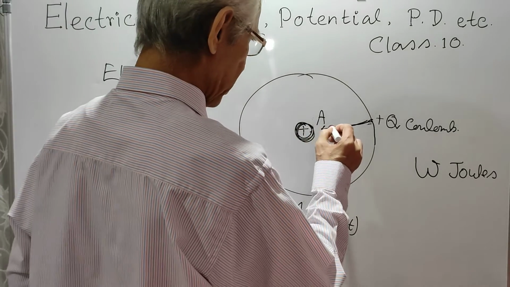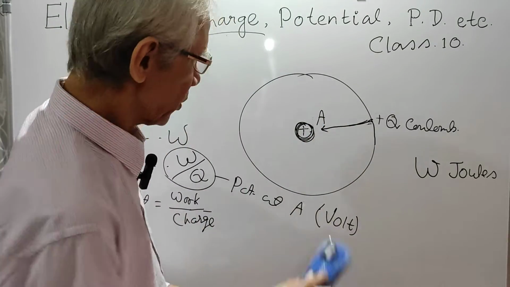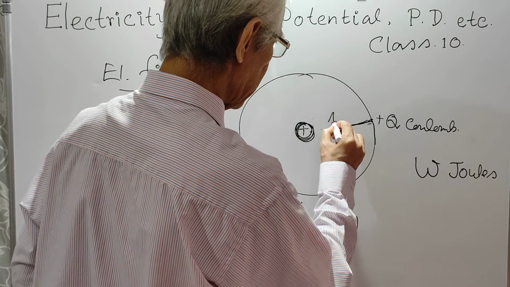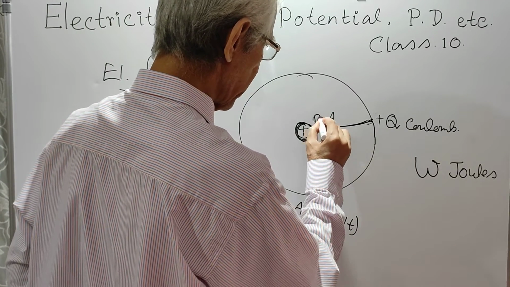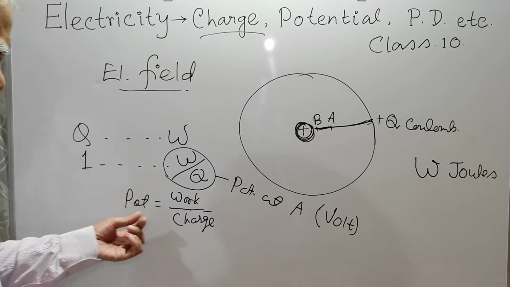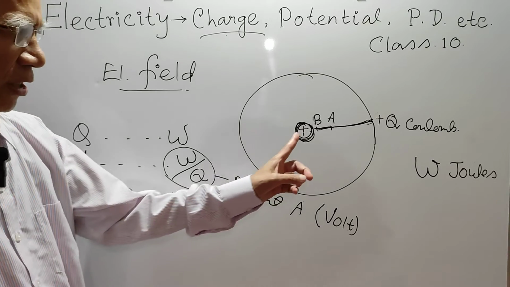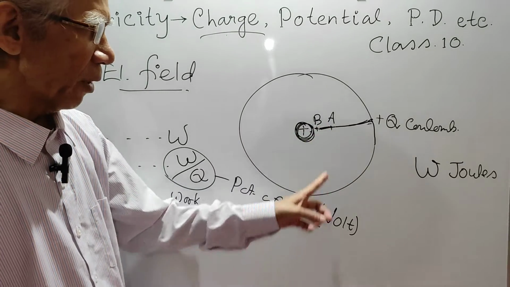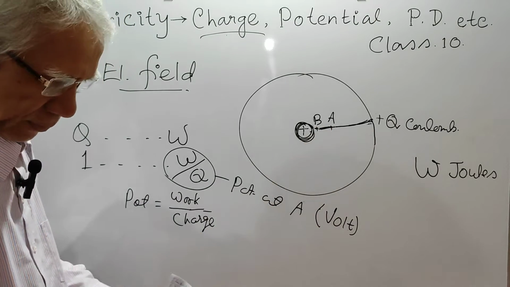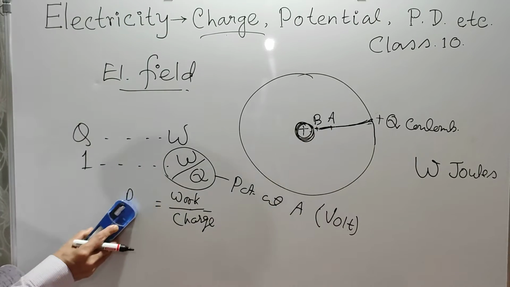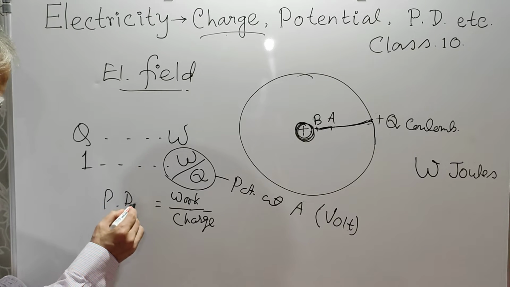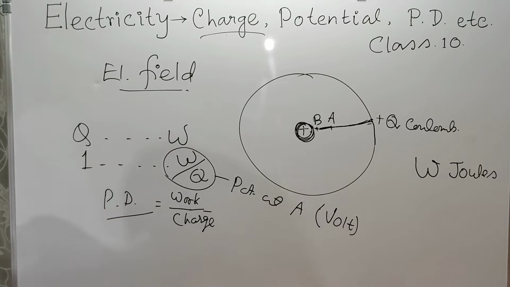Now suppose this point was A, and like the previous discussion, this point is B. Now potential difference between A and B will be the same, work by charge. Potential difference between A and B will be what? The amount of work done to move that charge from A to B, isn't it? So the potential difference formula also will be the same, potential difference equal to work by charge.